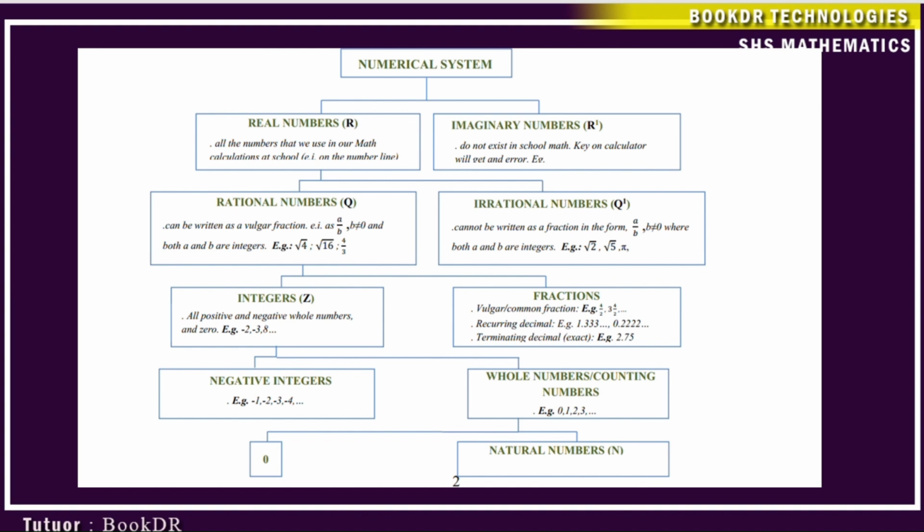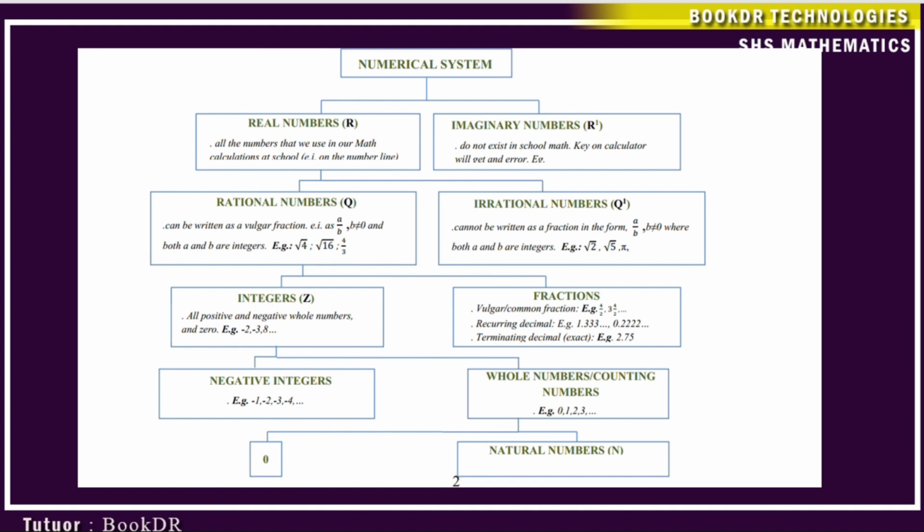And the rational numbers are grouped into 2 categories: integers and fractions. Fractions could be vulgar fractions, recurrent decimals, and terminating decimals. The integers are grouped under negative integers and whole numbers.